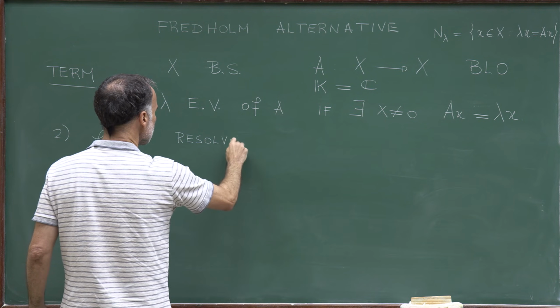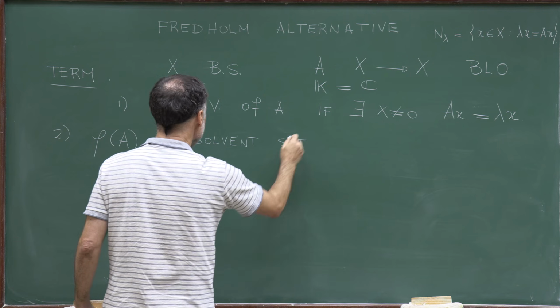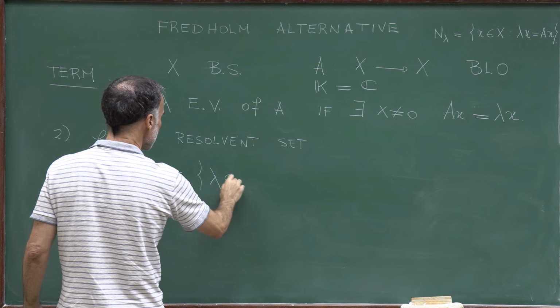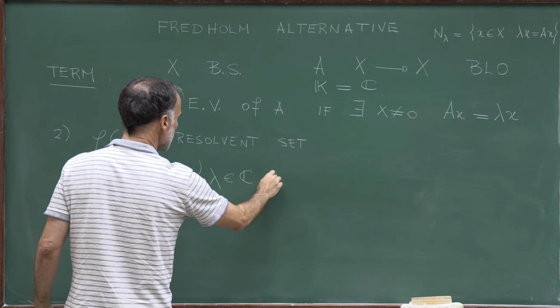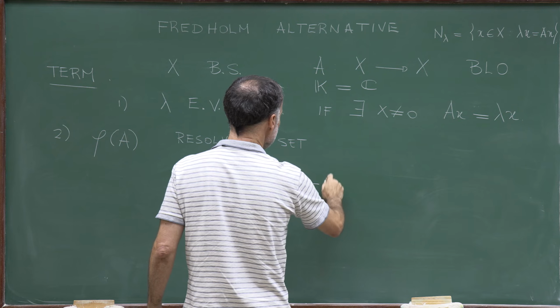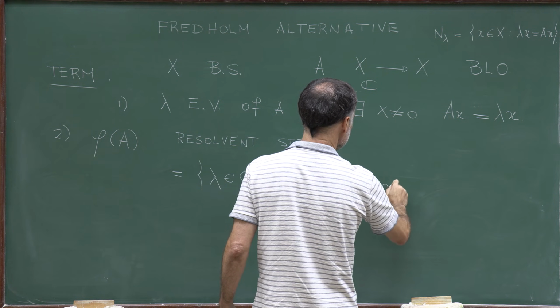It's defined as the set of all lambda in C such that (lambda minus A) inverse is a bounded operator.